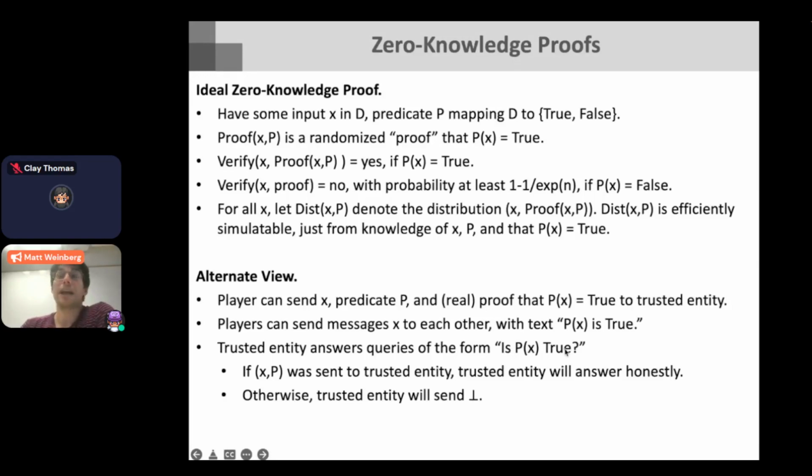If I trust the trusted entity and I know that they're only going to answer queries correctly, and I ask, is P of X true? and they say yes, then I know it's true. But what have I really learned other than that P of X is true? So clearly I've learned nothing. And then the question is, how do you make that a cryptographic definition? That's what the above stuff does.